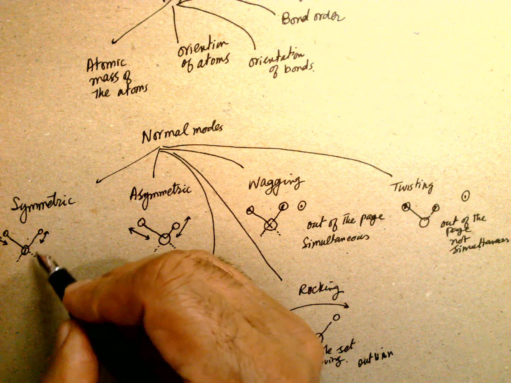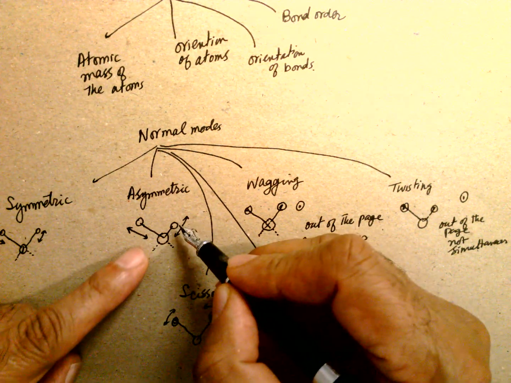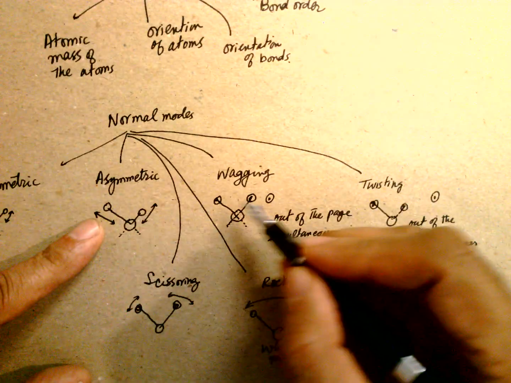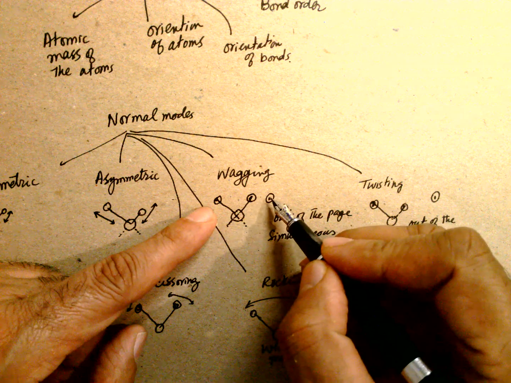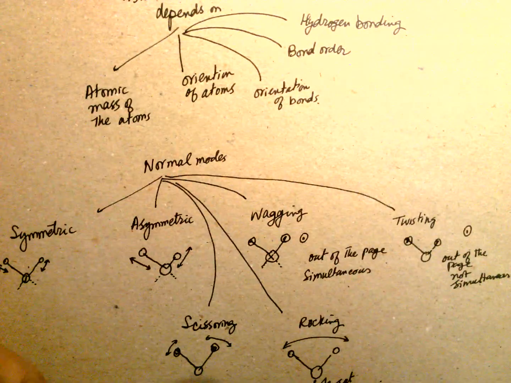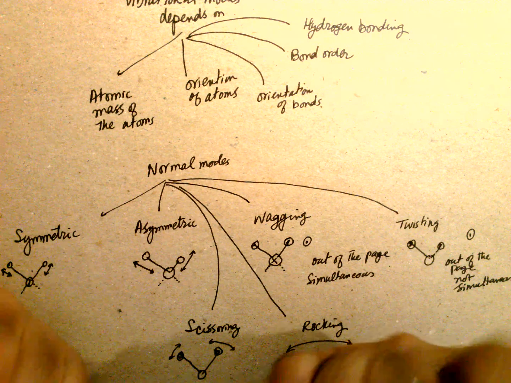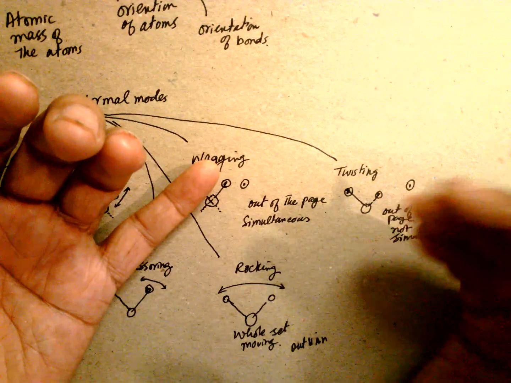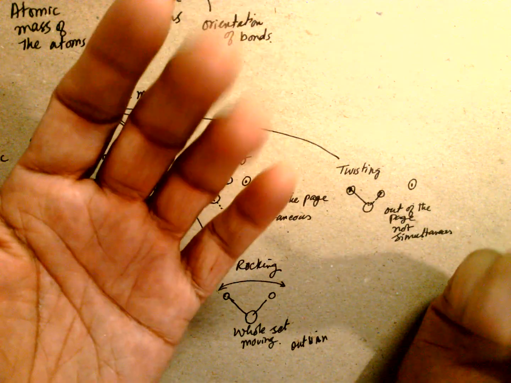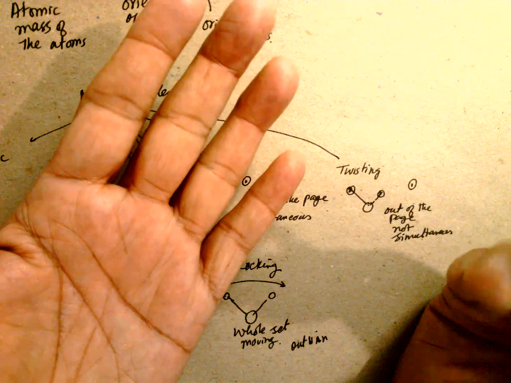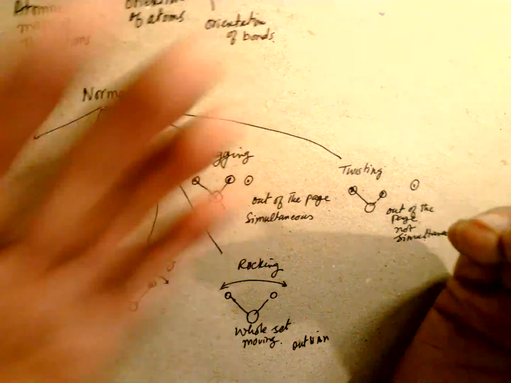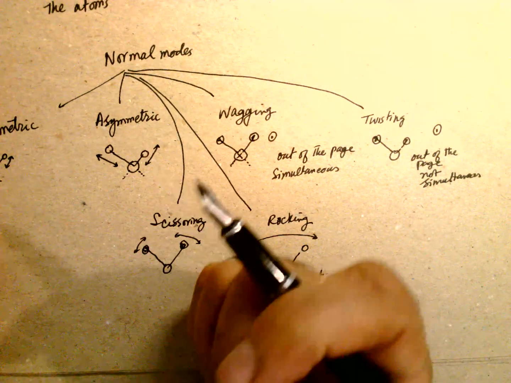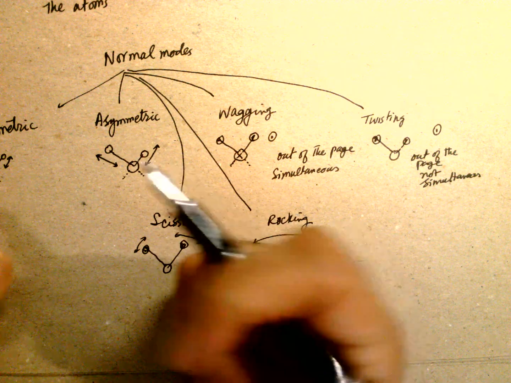In asymmetric vibration, one moves slowly and the other faster. Wagging is when both come out together. Twisting is when one end moves slowly and the other faster. Scissoring is when they move away, inside and outside.